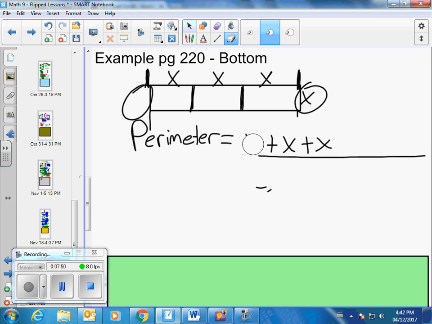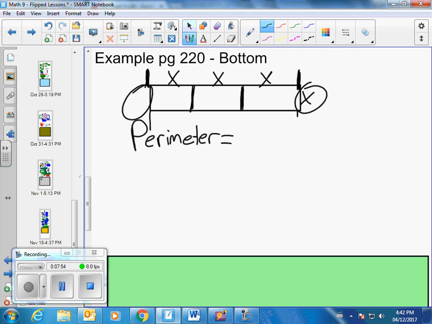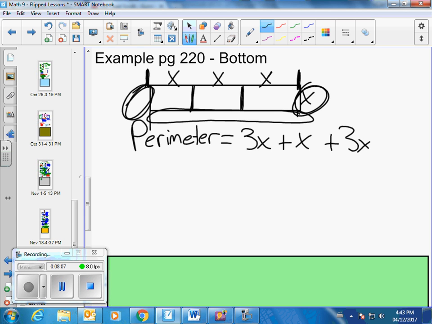So that means that my top edge is 3x plus my side edge, x, plus my bottom edge, which is going to be the same as the top one, 3x, and my last edge over here is going to be the same as this one over here, so I get plus x.